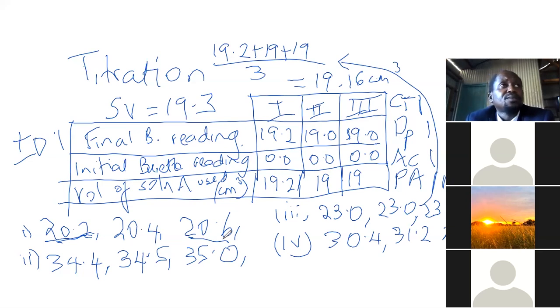Third case, we are supposed to average the 3 values. And one area that candidates fail is making assumptions. Just because you have gotten 23.0, 23.0, and 23.0, you fail to show the working. The working must be shown, even if it appears the answer is so obvious. 23.3 plus 23.3 plus 23.3 divide by 3.